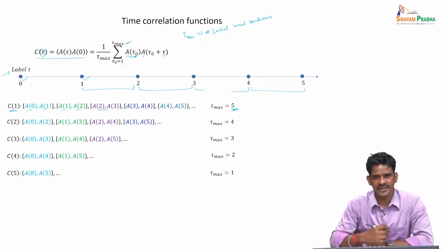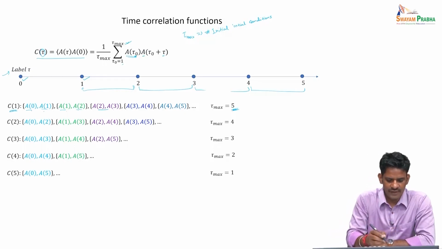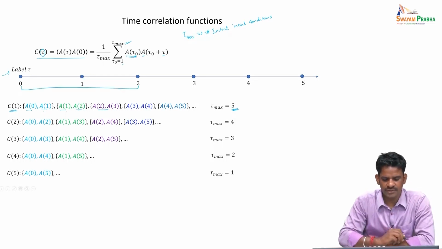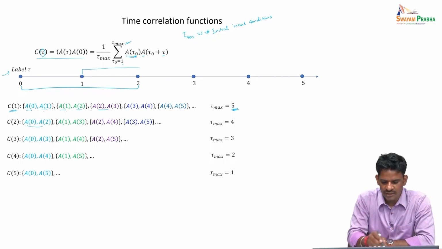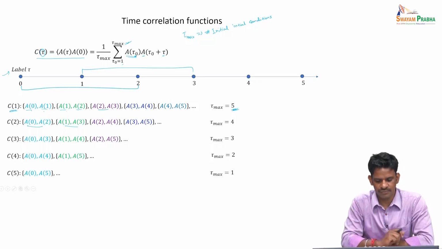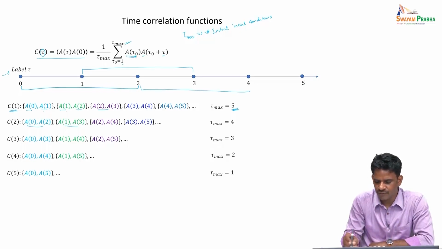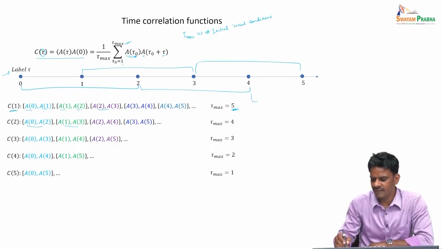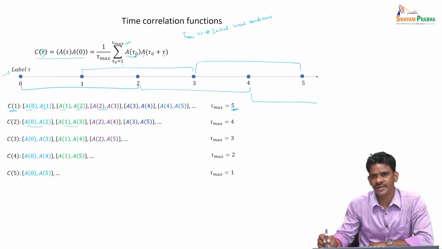Now let's get to the second possibility, that is, we'll look at the correlation function with a delay time of 2 tau. I can take the data A0 and A2, these two are delayed by 2 tau, and then I can take A1 and A3, these are also separated by a delay time of 2 tau, and then A2 and A4, these are also delayed by 2 tau, and then A3 and A5. I cannot take A4 onwards because I don't have A6 here.